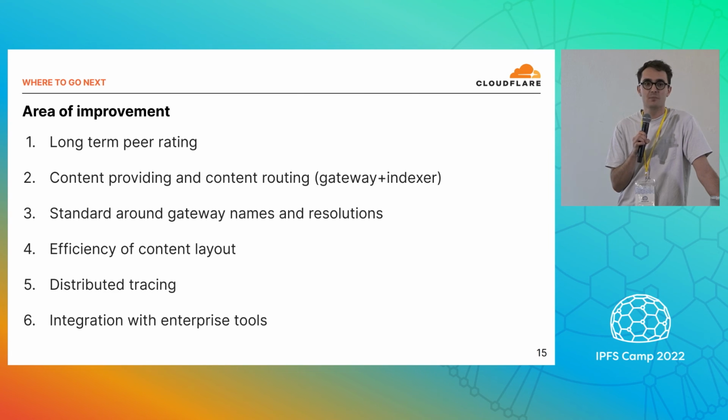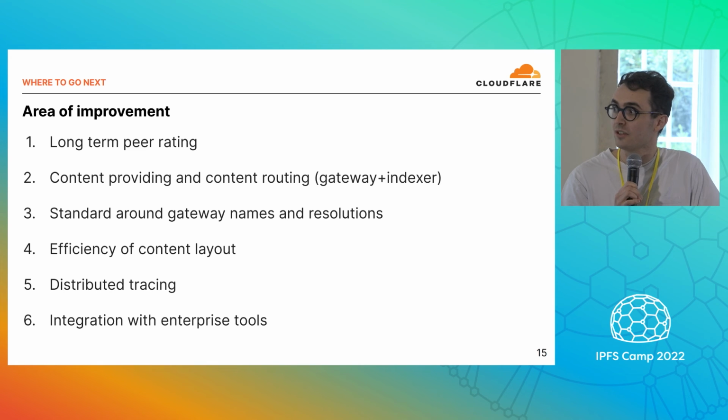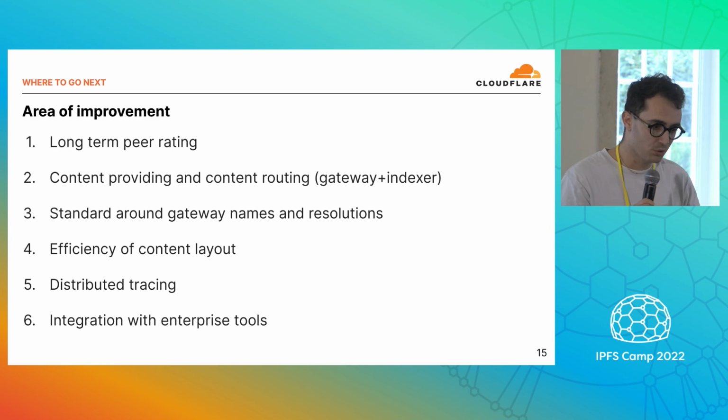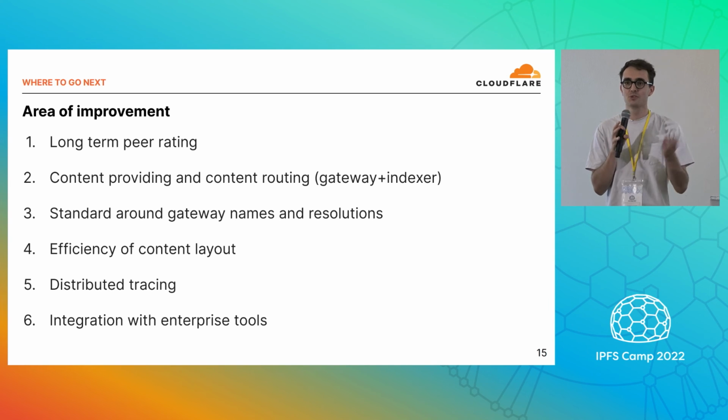There's been a new IPIP coming in to define IPNS, but more involvement here could be interesting. One thing we are interested in more generally, as a content delivery network, is how efficient is the content layout that is being delivered to IPFS? Are people actually building DAGs that are efficient for caching, or just using the normal Kubo DAG building and that's it?